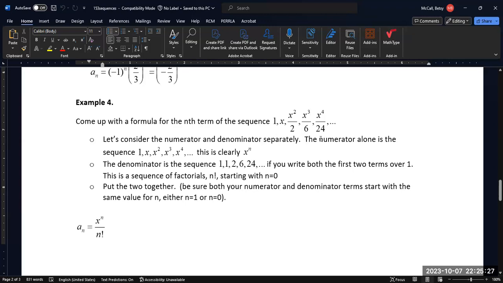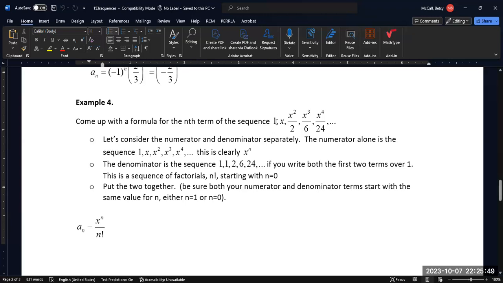Now, what's going on with the denominators? Again, what I can do is rewrite these as fractions as 1/1 and x/1. And then the sequence that I get in the denominators is 1, 1, 2, 6, 24, which, as we noted above, is a factorial formula, starting with n equals 0.